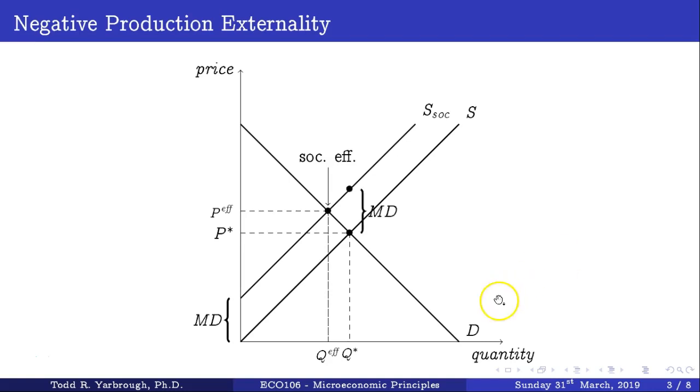Now, you'll notice that there is this additional level of economic activity that occurs under the private market equilibrium than under social efficiency, Q star versus QEFF. What this means is that the private market actually creates deadweight loss.